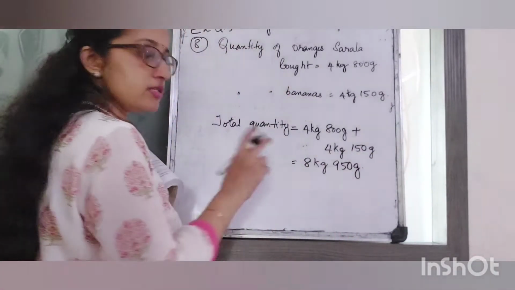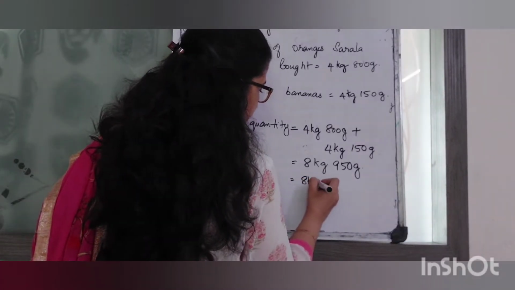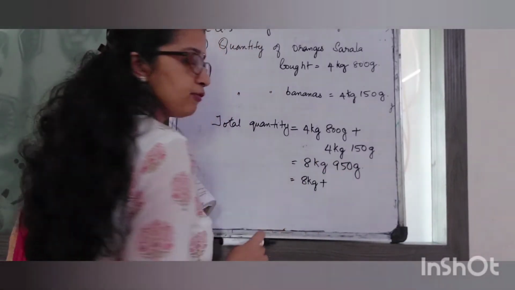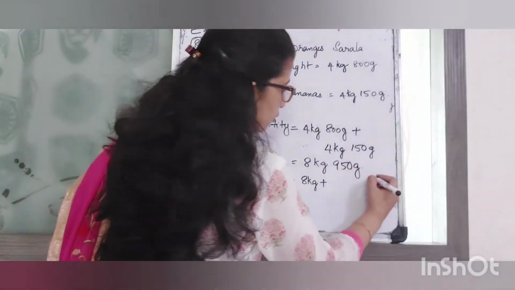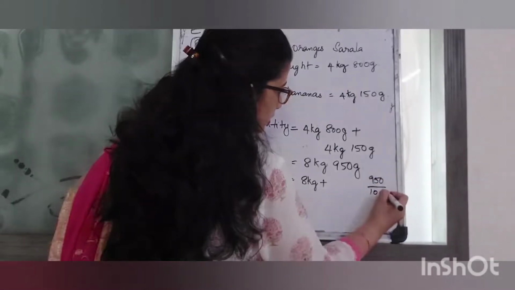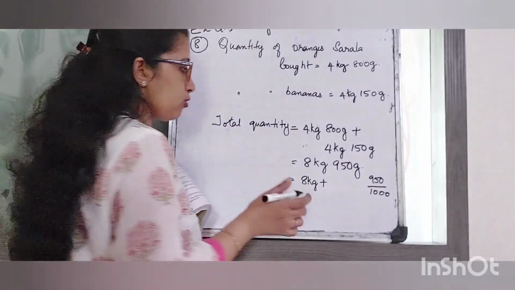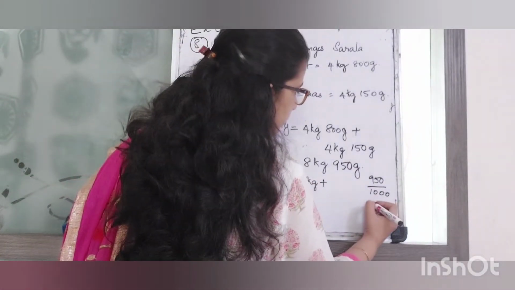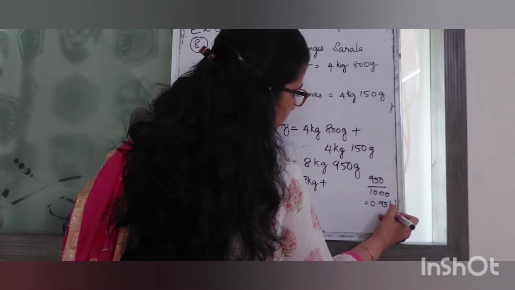Now how to convert this into kilogram? It is equal to 8 kilogram plus 950 grams. 950 gram is equal to 950 by 1000 kilogram, right? So whenever we are converting gram into kilogram, we have to divide it by 1000. That is equal to 0.95 kilogram.